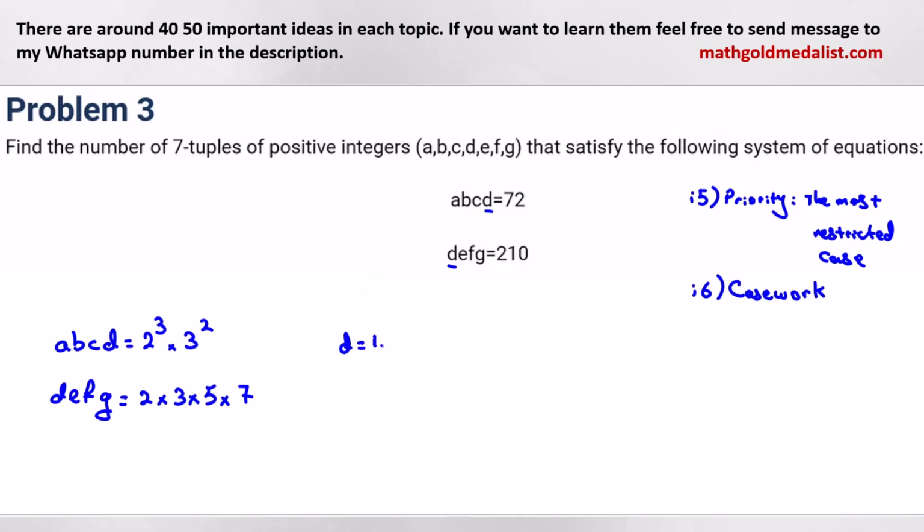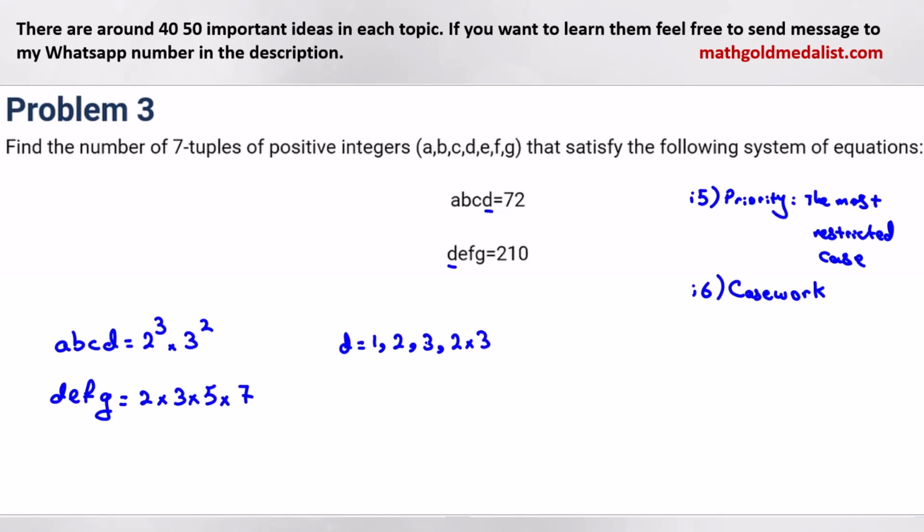D can be 1 or 2. Can D be 5? No, because here we don't have 5. It can be up to the GCD of them. 2, 3, and 6, which is 2 times 3. We have these cases. Now let's calculate each case together.